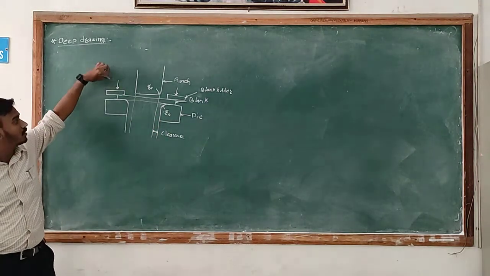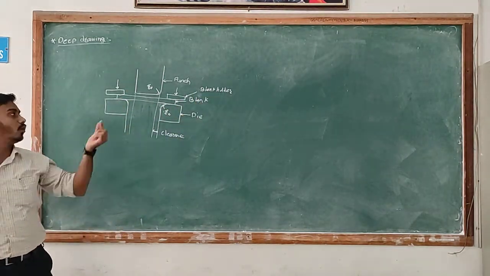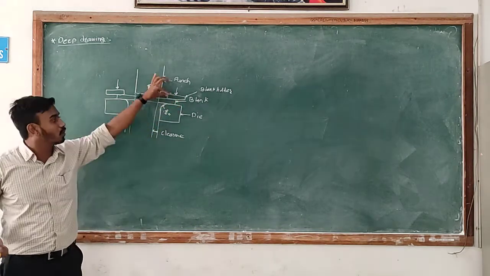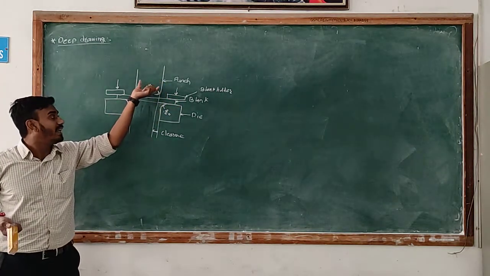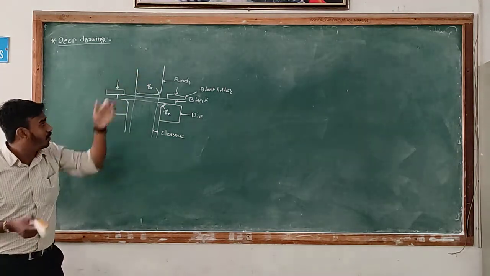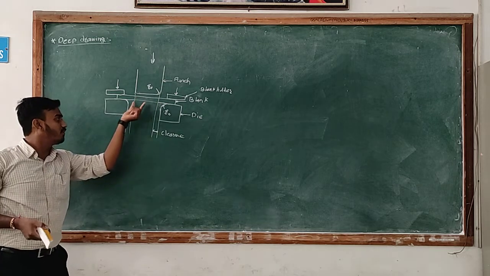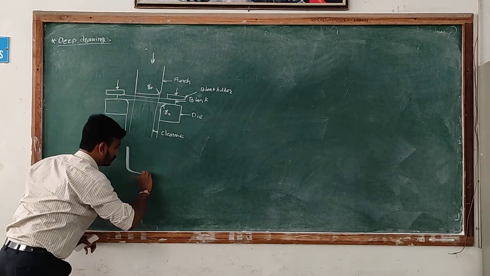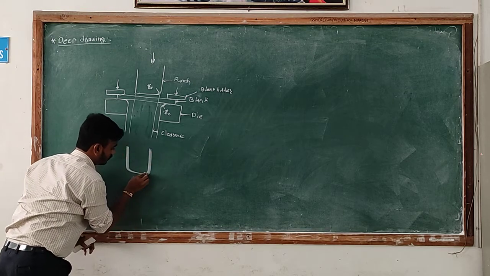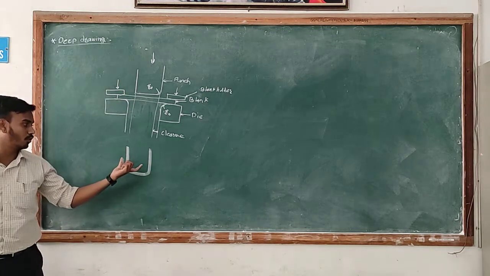And what is the use of the blank holder? The blank holder applies some pressure when we apply the force on the punch, so that the material flows inside and we get this U shape or cup shape output.